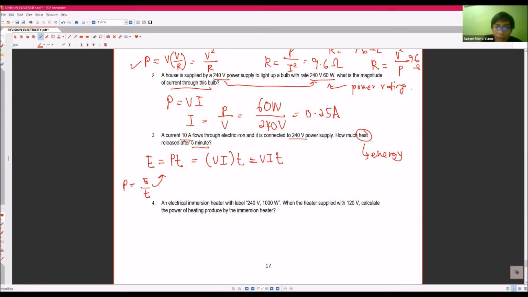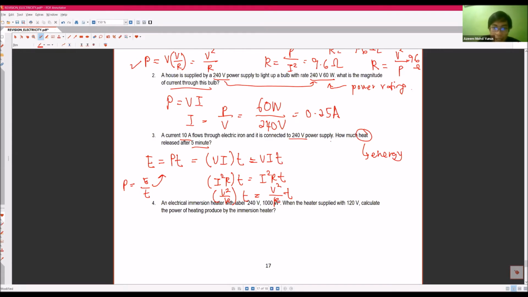And then we can also derive a formula that consists of resistance. As usual, VI can also be written as I squared R, so it becomes I squared R T, and V squared over R T. So we have three formulas to calculate energy as well as power.